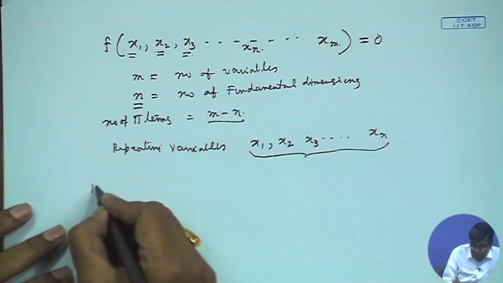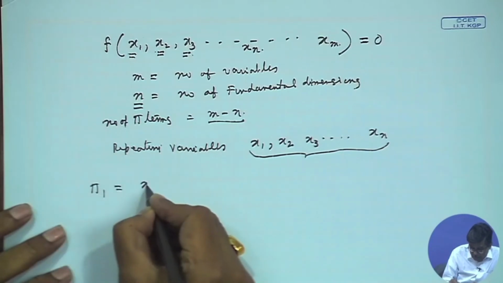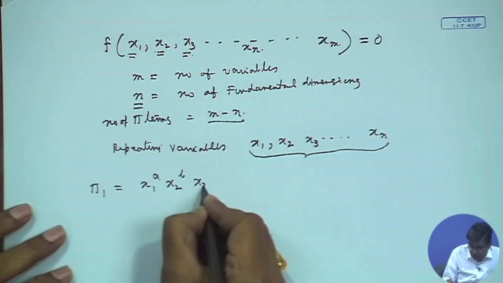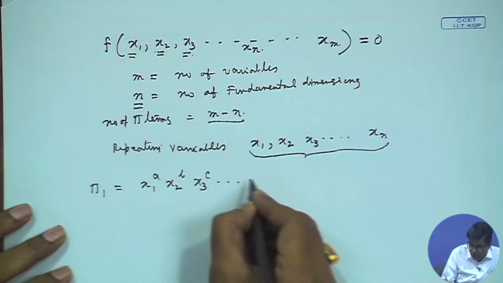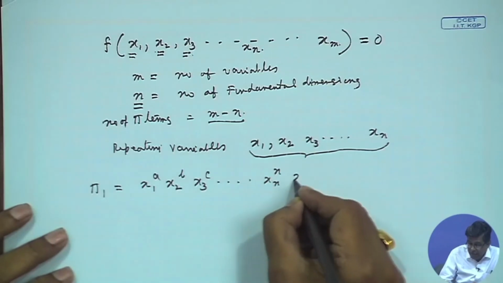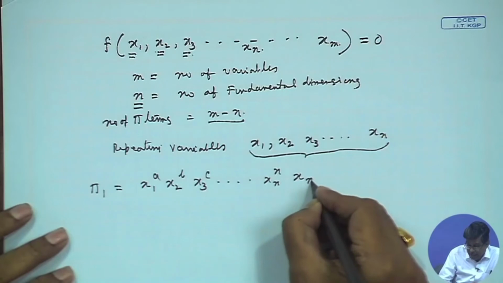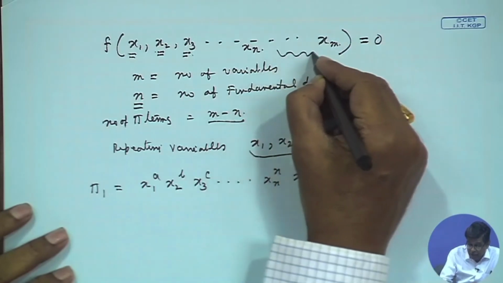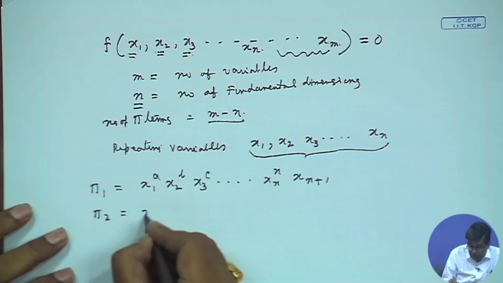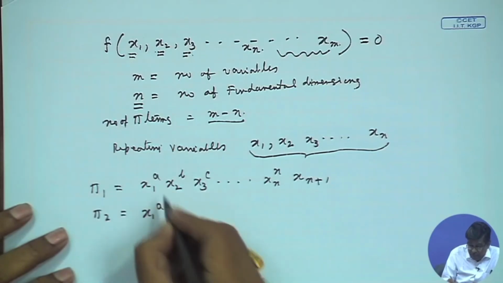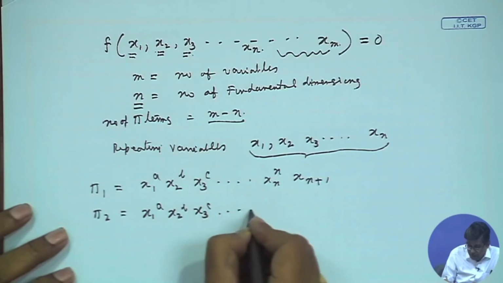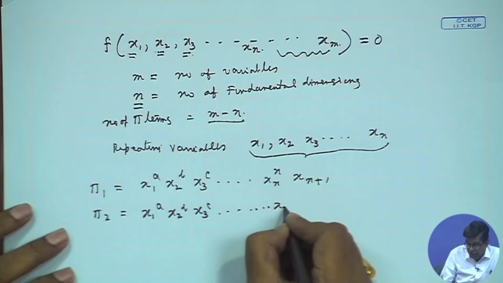How? You make each pi term as all the repeating variables raised to some unknown powers a, b, c up to n, n number of indices, and taking the rest, x n plus 1, the rest of the m minus n variables. So, pi 2 will be formed similarly. These a, b, c sets will be different for different pi terms.